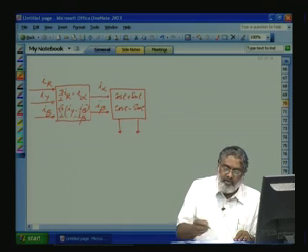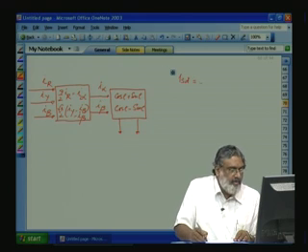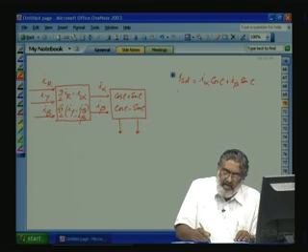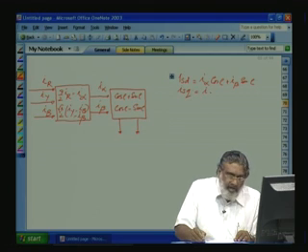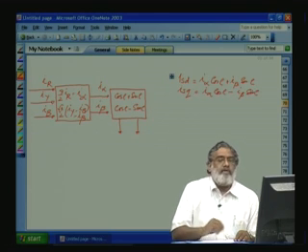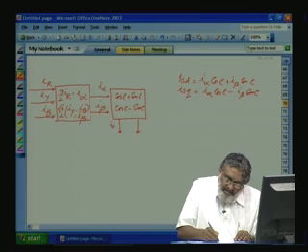ISD will be equal to I alpha cos rho plus I beta sin rho, and ISQ is equal to I beta cos rho minus I alpha sin rho. From the phasor diagram we can derive this. So we will get ISD and ISQ.